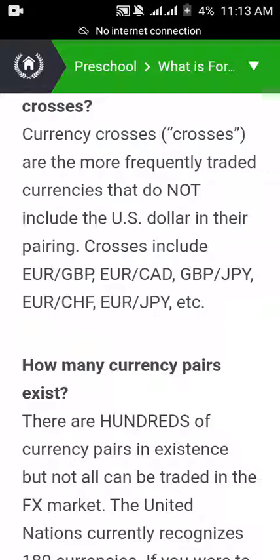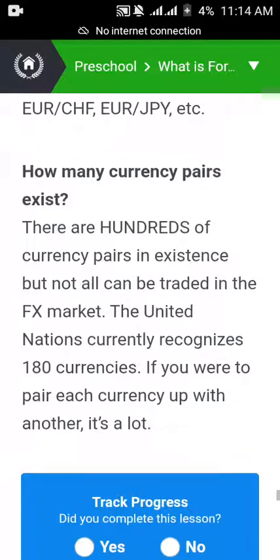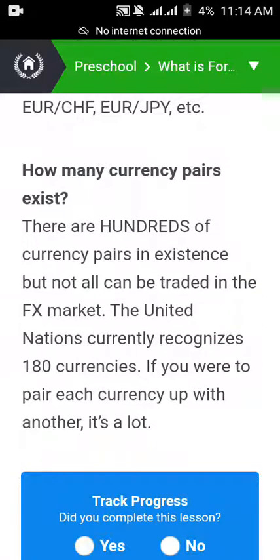How many currency pairs exist? There are hundreds of currency pairs in existence, but not all can be traded in the forex market. The United Nations currently recognizes 180 currencies. If you were to pair each currency up with another, it is a lot.